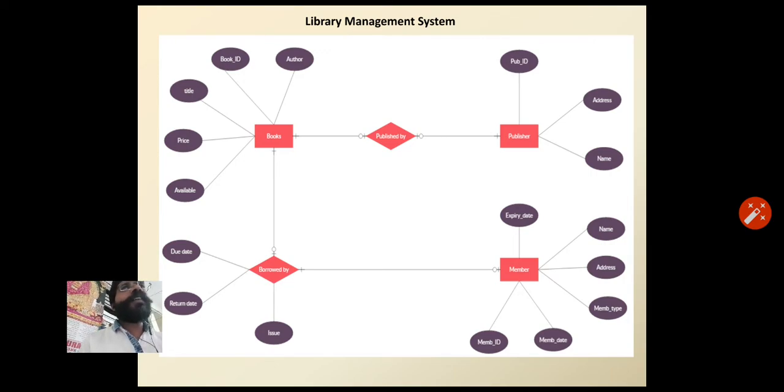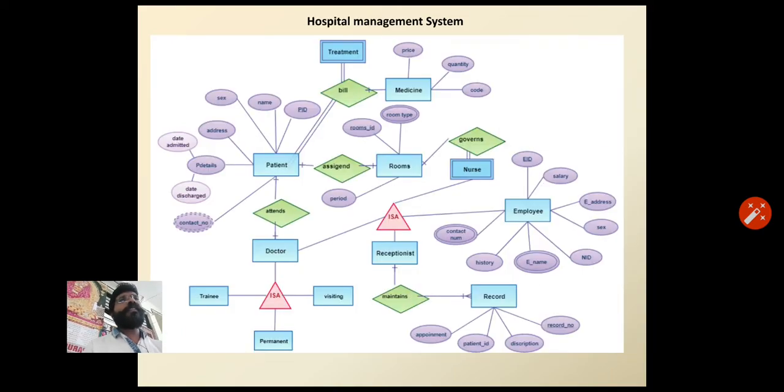Another case study we can simply design here. Try to understand what the ER model defines here. This is the hospital management system. We can briefly summarize this ER diagram.